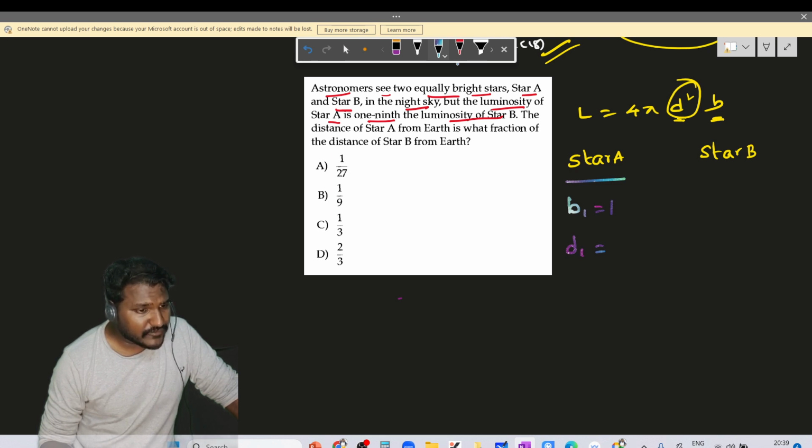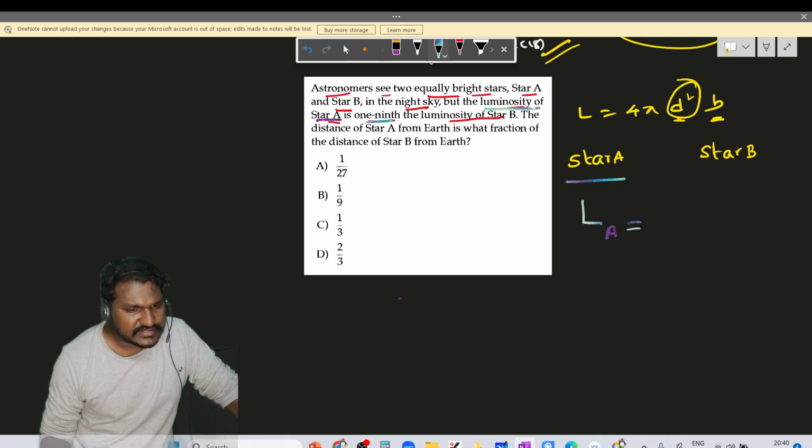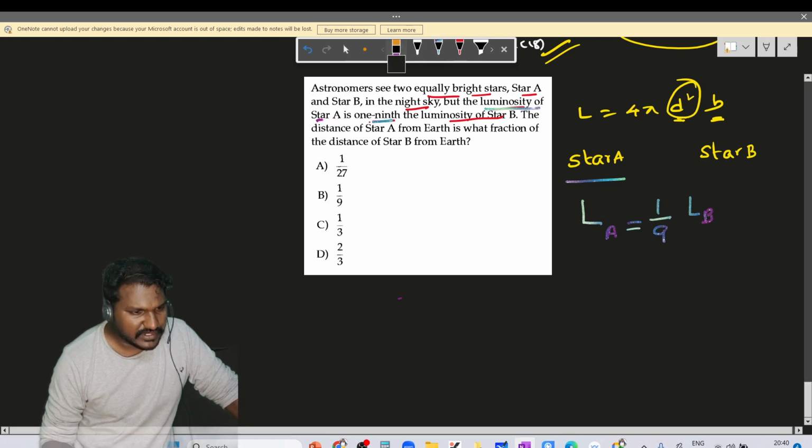But the luminosity of star A is 1/9 of the luminosity of star B. From this statement, I'll start the problem like this. Luminosity of star A is 1/9 of luminosity of star B. Read this sentence carefully.